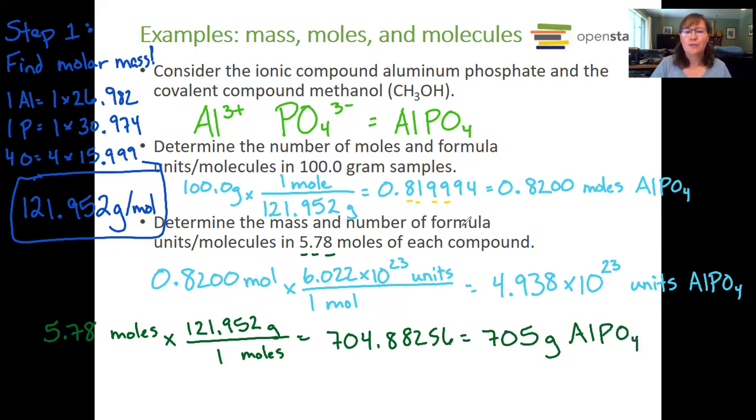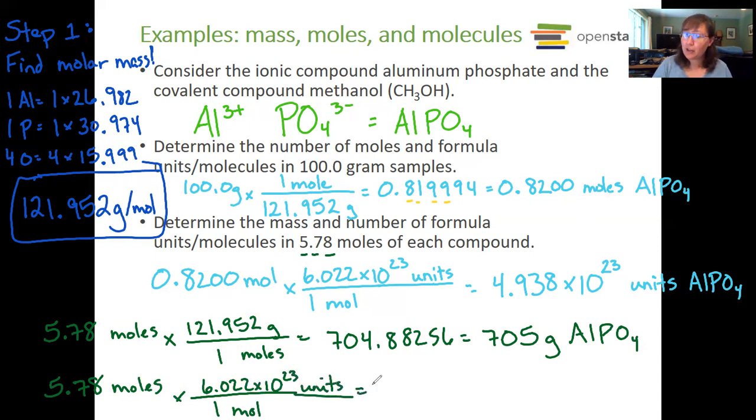And the second part asks for formula units for the aluminum phosphate or molecules for the methanol. And with that one, we're actually going to start with the number of moles that we had again. So with the first one, we found moles and then we used the moles to find units. Now we've already got moles. And so we'll do that again. And we can say that in 1 mole, remember, there are 6.022 times 10 to the 23rd units.